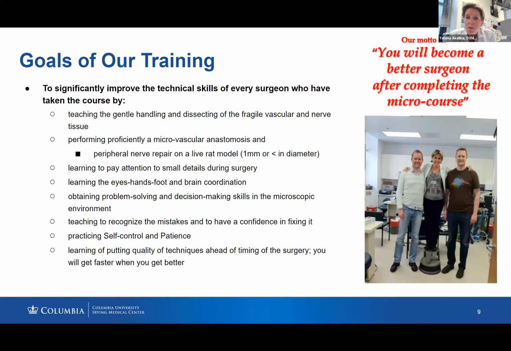You're learning during this course how to pay attention to small details, which I said is a very difficult and very important skill of a microsurgeon. You're obtaining hand, eyes, and foot coordination, and hopefully brain. You're learning how to problem solve and make decisions while working in a microscopic environment.